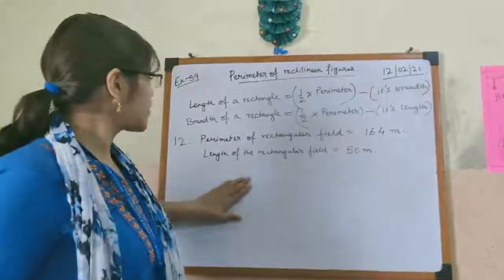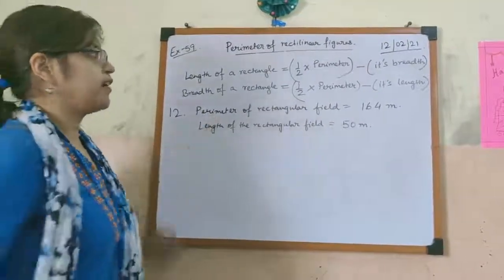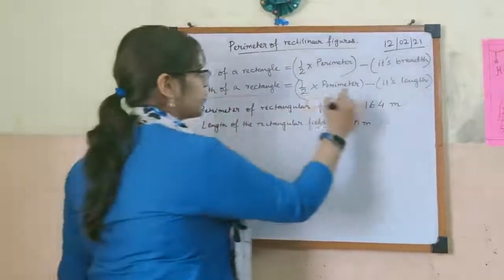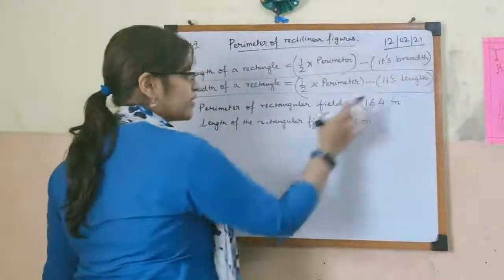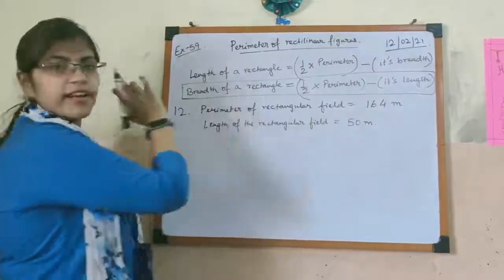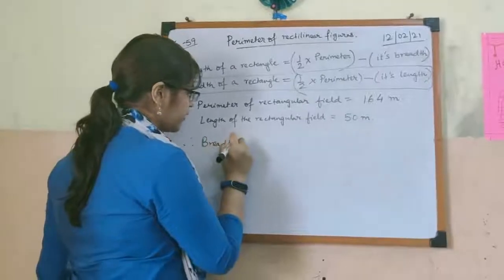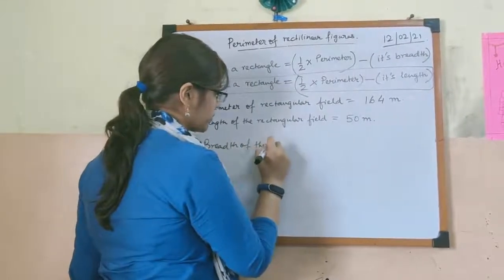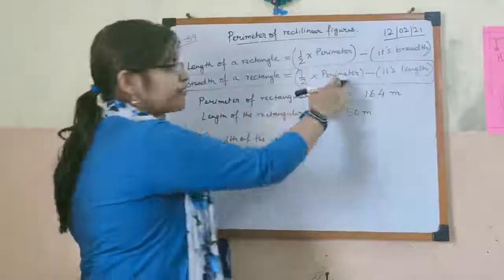For this one, see what is given to us. The length and perimeter. So that means we will use this formula. For this formula, perimeter and length are known to us and we will have to find the breadth. So we can write, therefore, breadth of the rectangle is equal to half into perimeter.